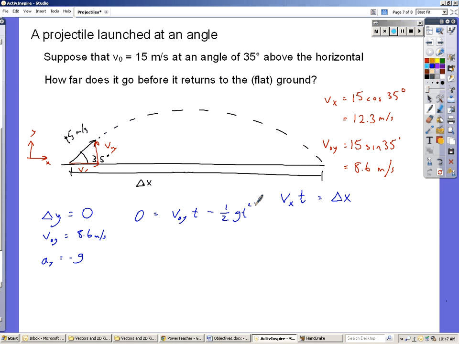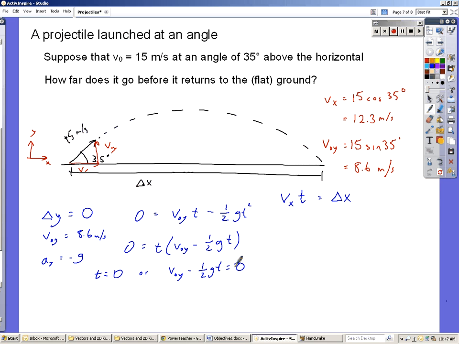It's quadratic, so we're going to solve it by factoring, and we can factor a t out of it. So we have t times (v naught y minus 1/2 g t) equals 0. That means at least one of these factors must equal 0. So either t equals 0 or v naught y minus 1/2 g t equals 0.